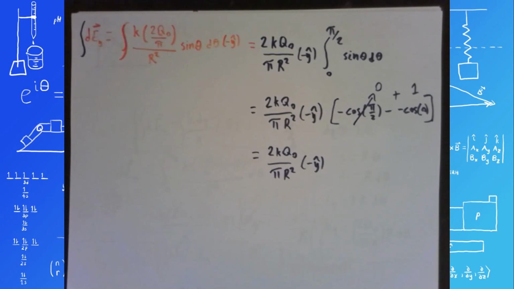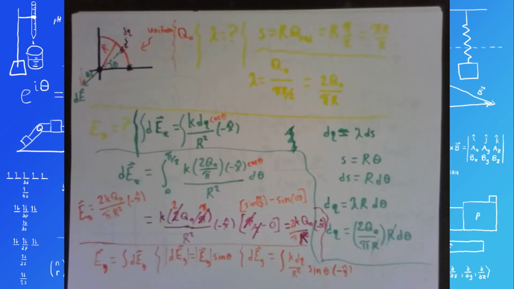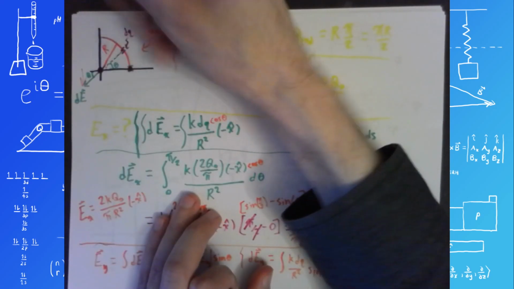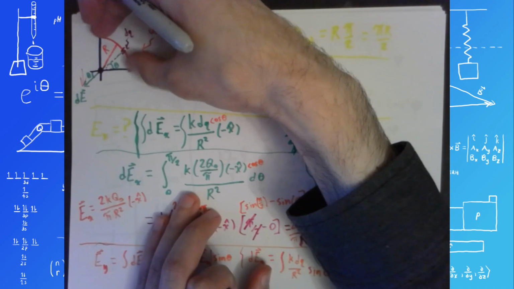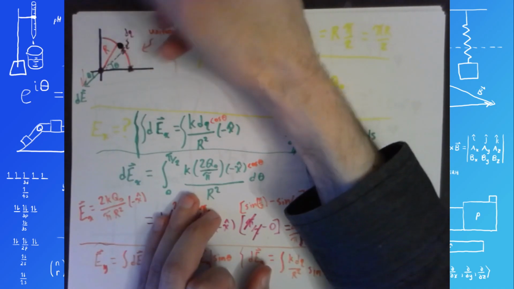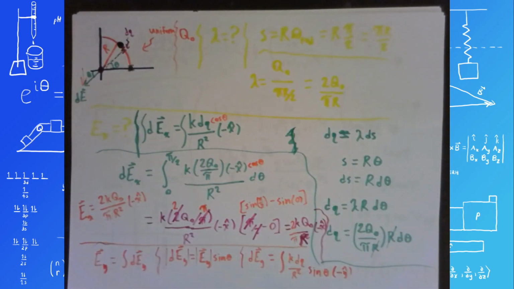Okay, so basically, if we go back to the original drawing, they're saying if instead of this arc, we took all that charge and condensed it into a single point right here at a 45-degree angle, how would that compare?